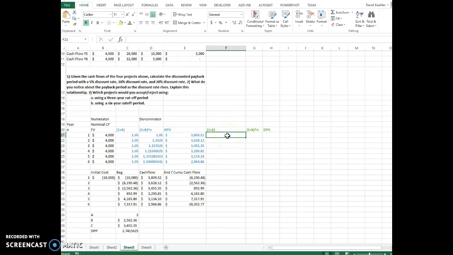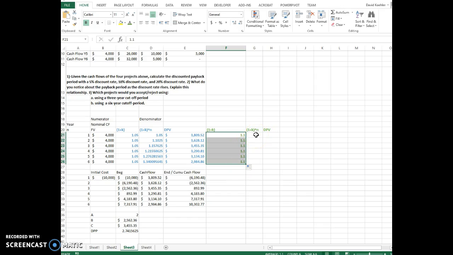Now we're going to do a 1.1 for 10%, right? A 10% discount rate, 1 plus k is 1 plus 0.1. 0.1 is 10%. So that's how we're getting the 1.1. Do that a couple times, let Excel know what I want it to do, and drag that down.